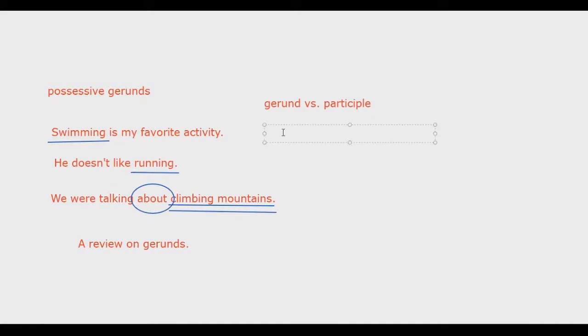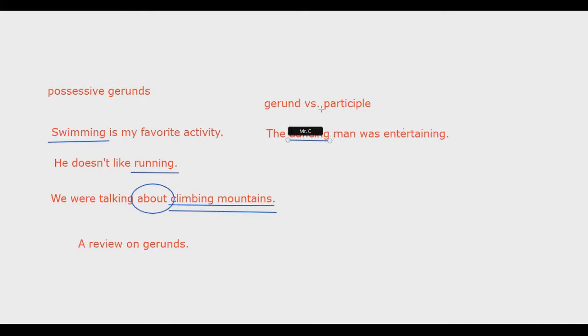So, for an example of a participle, the dancing man was entertaining. Here dancing is a participle.